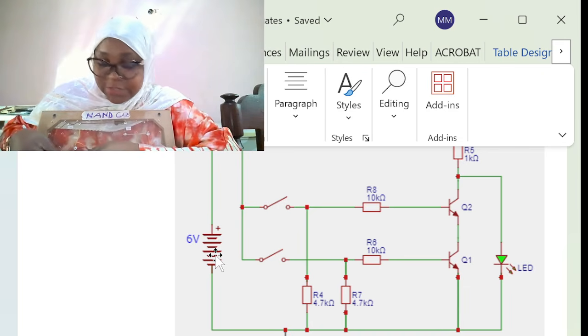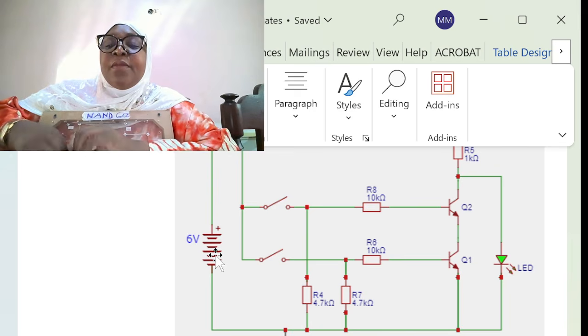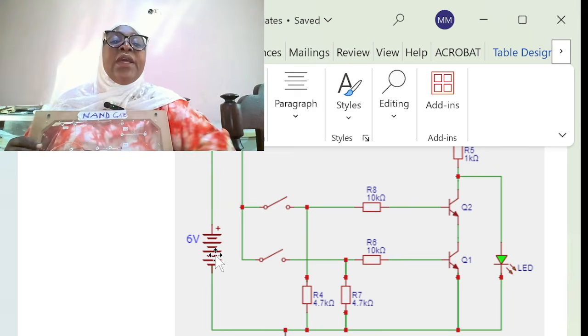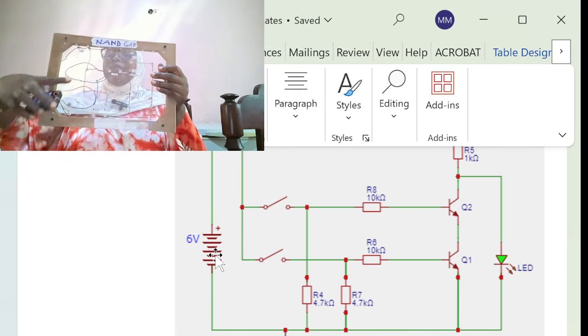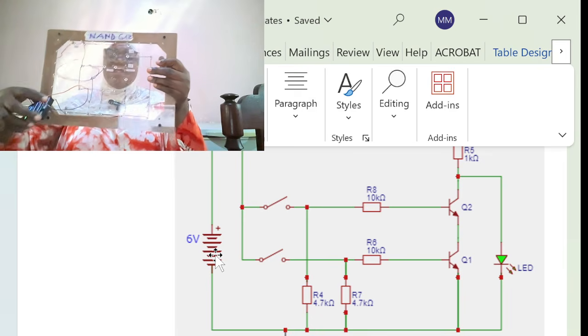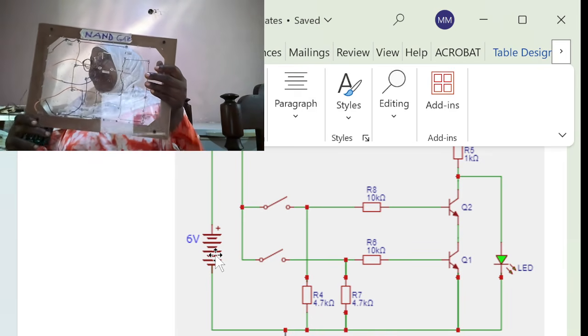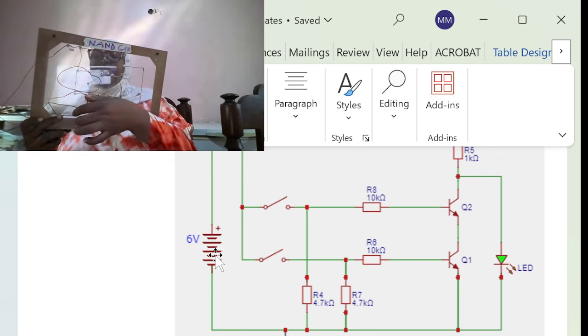If all switches are closed, meaning switch 1 is on and switch 2 is on, there is no result on the light emitting diode.